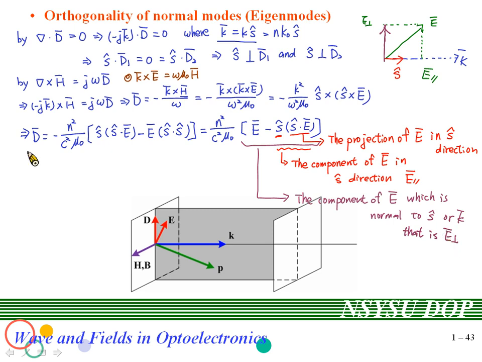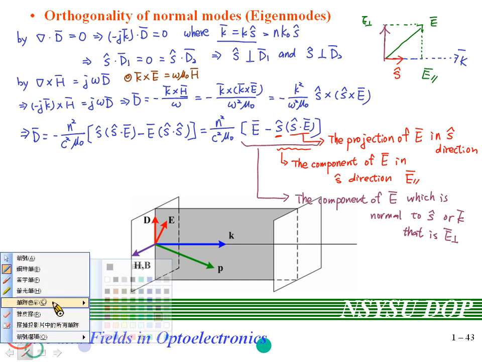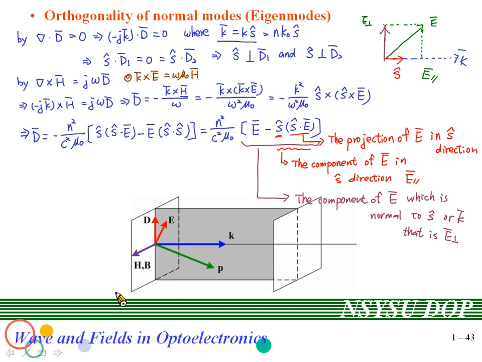Okay? This means that the D field is just in this direction. Because according to this expression, the D field is a factor times the E normal. So the D field is in this direction. So we plot the D field in this color.